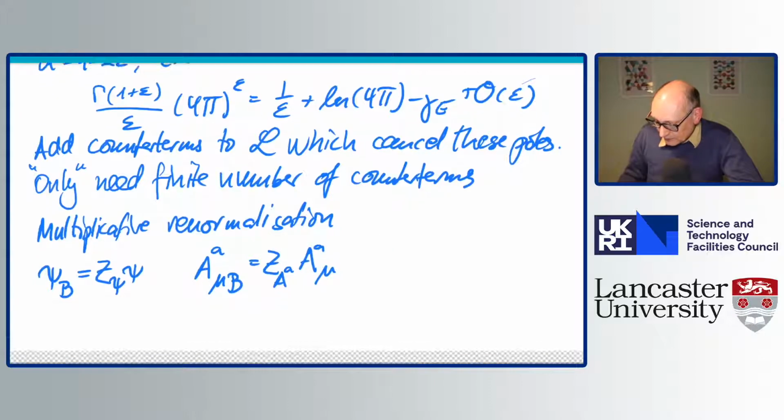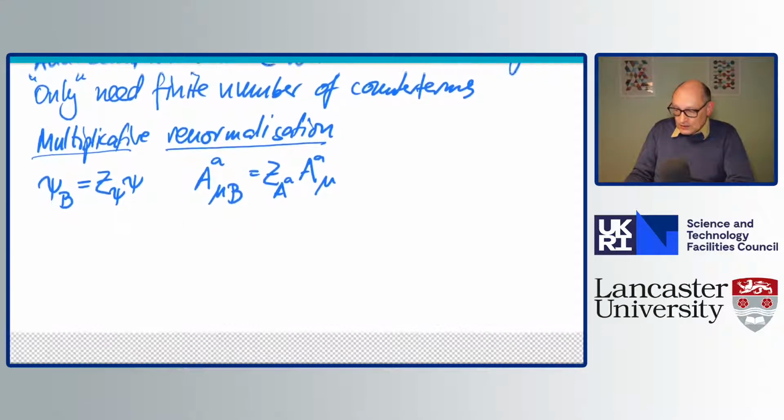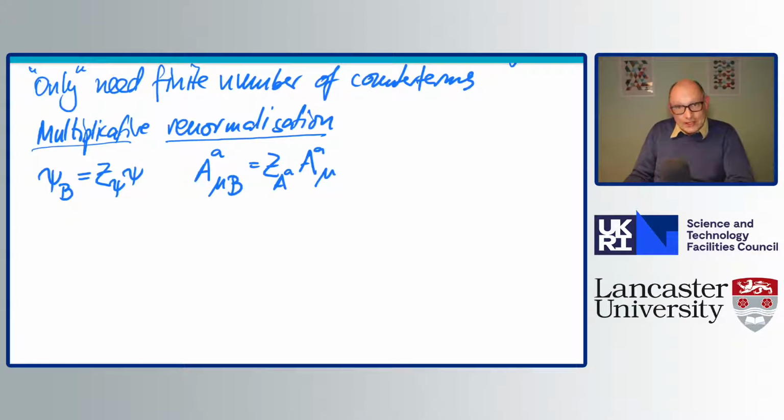So this is called multiplicative renormalization, and the standard model is one that can be renormalized with multiplicative renormalization and a finite number of terms.